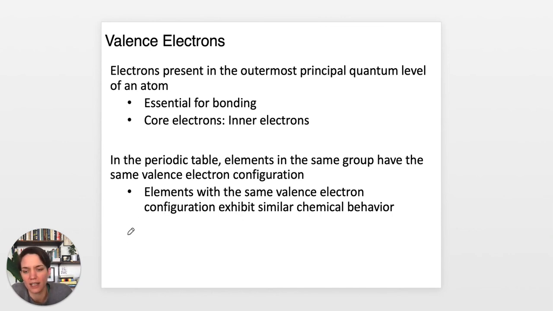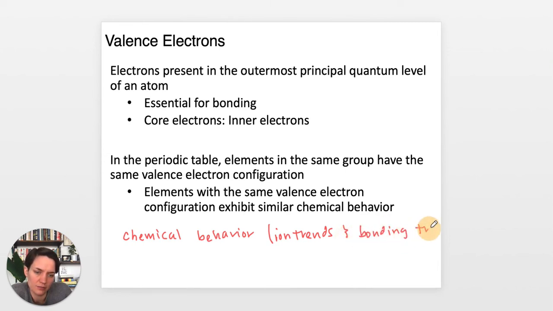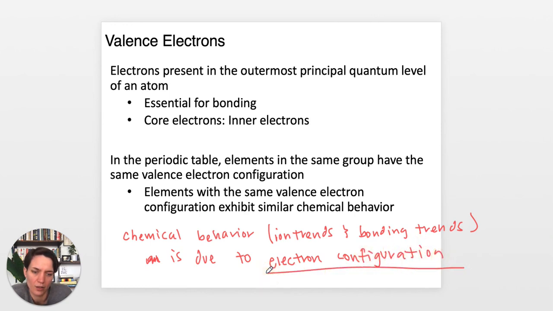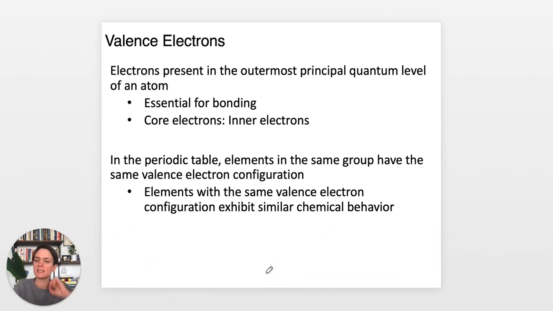Now we understand that that chemical behavior, and what I mean by that is like ion trends and bonding, is due to electron configuration. Okay, so we've already kind of talked about that a little bit in this class, but this is the first time that we're really putting it on paper, if you will. So that is it for chapter 7.